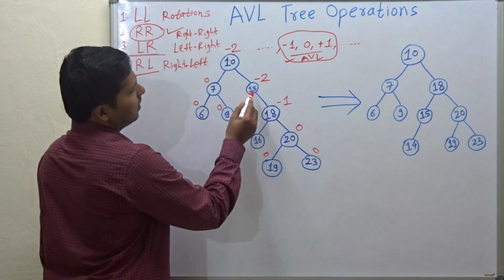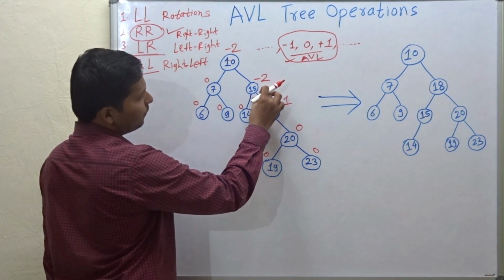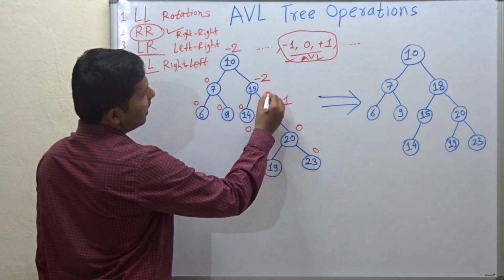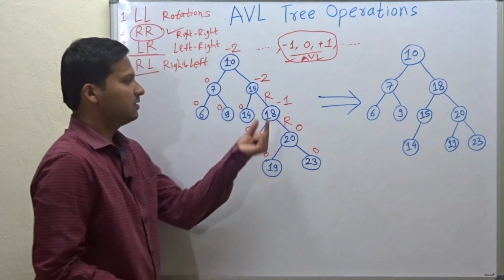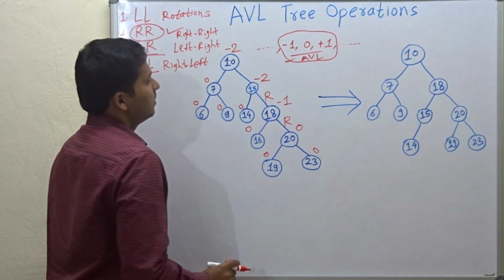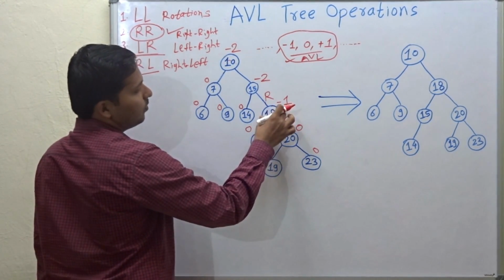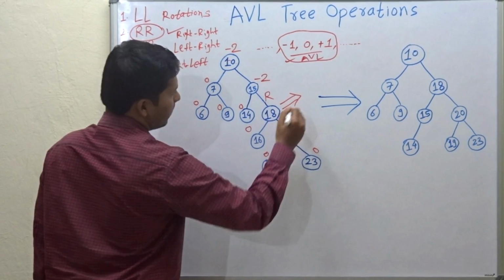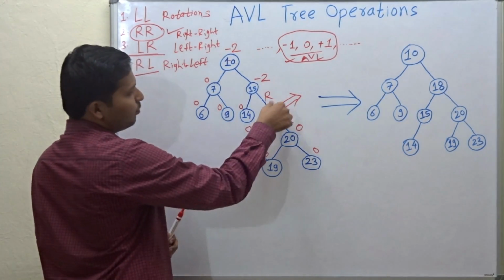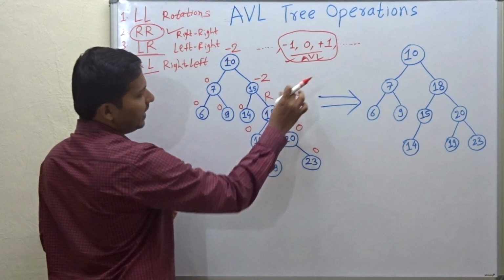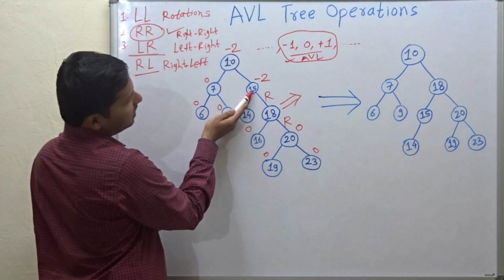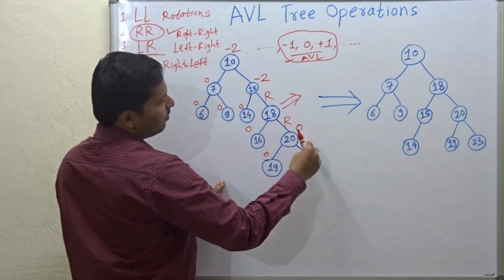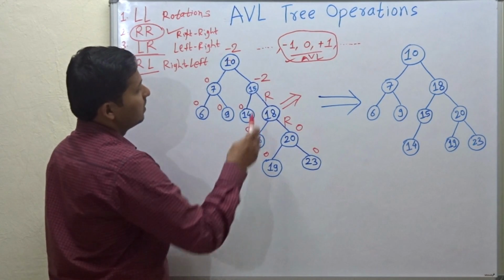See here, for 15 the imbalance is because of this branch. Okay, so that is R imbalance. Okay, now 18 is the middle node for RR, so we have to pull this node. Just imagine you are pulling 18. So when you pull 18, obviously 15 will go on left side of 18 and 20 will be on right side of 18.